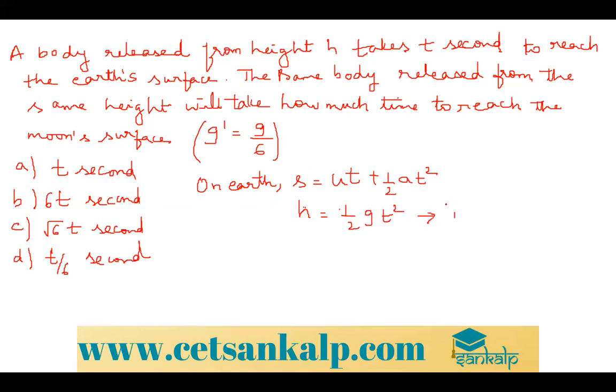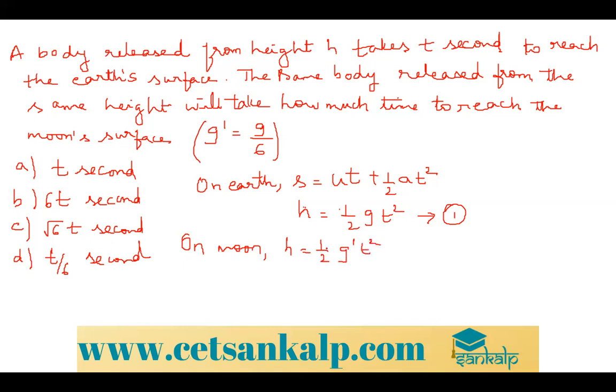So h is equal to half g t square. I'll call this equation 1. Next, on the moon, I'll write it directly.